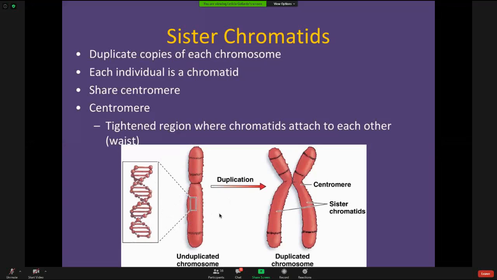So you're going to take the identical copies and attach them together at this little neck here called the centromere, right? And that's going to help you to keep the two identical copies paired together so that when you go to divide, you can say, oh, these two are identical. I'm going to put one in this cell, one in this cell.